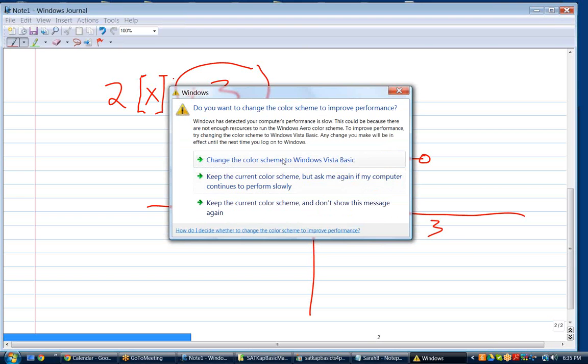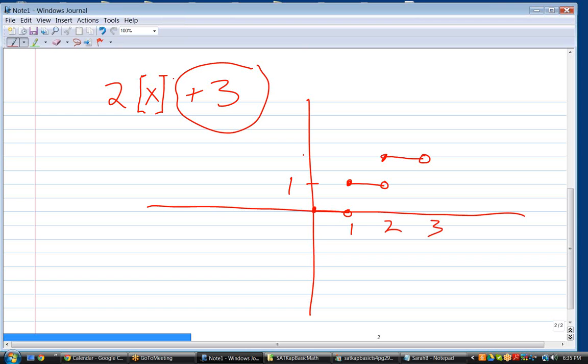So hold on, if I label this axis, then let's do these one at a time. Let me use blue.